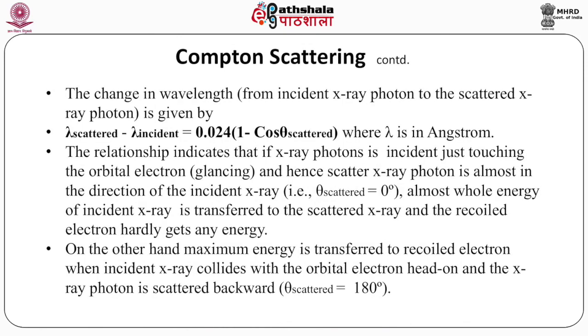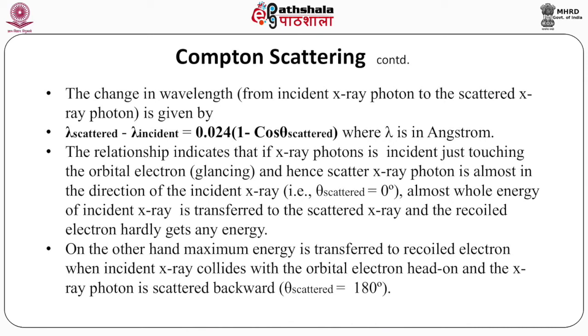The change in wavelength from the incident X-ray photon to the scattered X-ray photon is given by the equation lambda scattered minus lambda incident is equal to 0.024 into (1 minus cos theta scattered), where lambda is in angstrom.